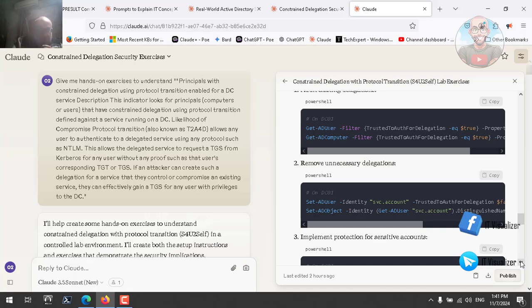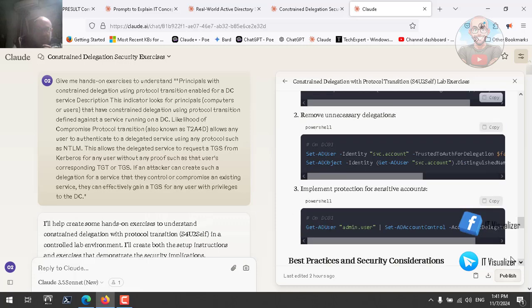Okay, this can be good, but what if I need this delegation? So there should be another way. Remove unnecessary delegation, implement protections for sensitive accounts. So he is telling us to prevent delegation from being done to sensitive accounts.